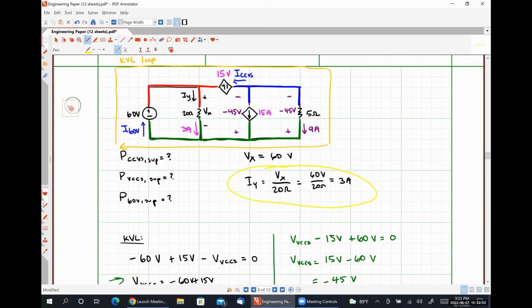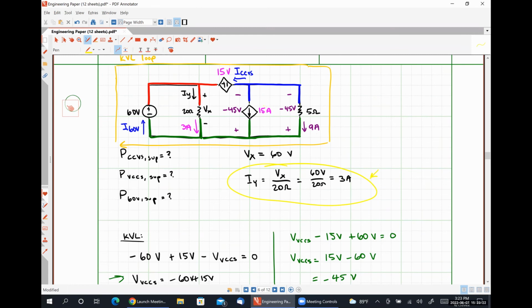Our current IY was flowing into the positive polarity terminal of our voltage Vx, which is why we have positive signs in this equation. We got positive 15 amps right here, not from applying Ohm's law. This current was a dependent current, which was defined to be simply 1/4 times Vx. So since Vx was a positive number, the current is a positive quantity, okay?